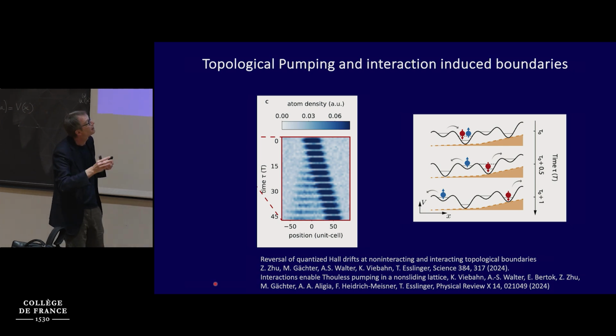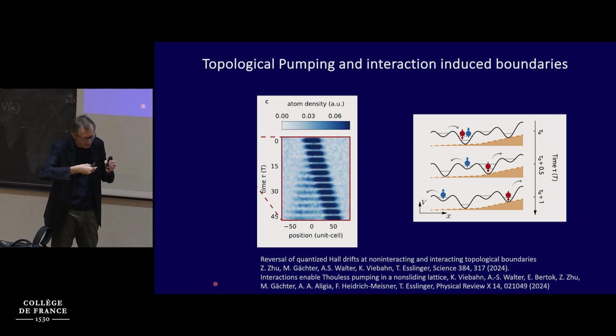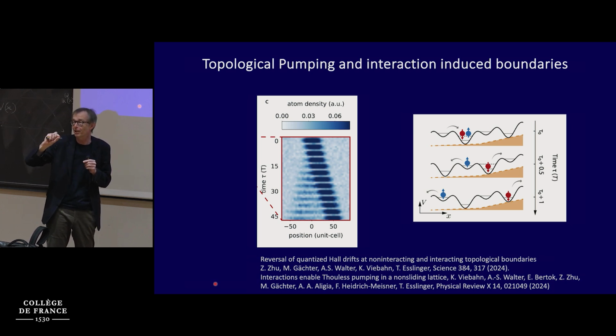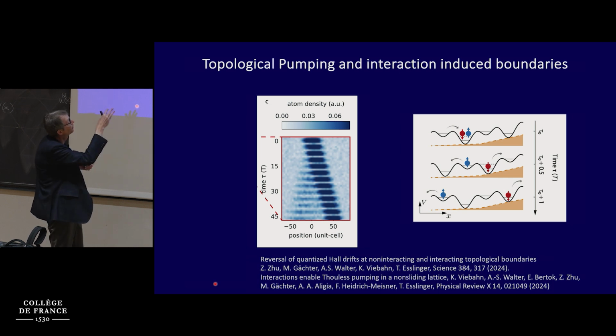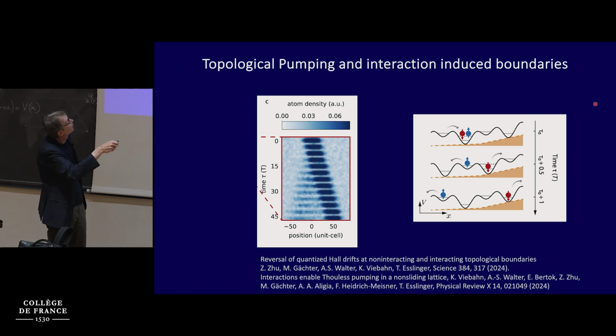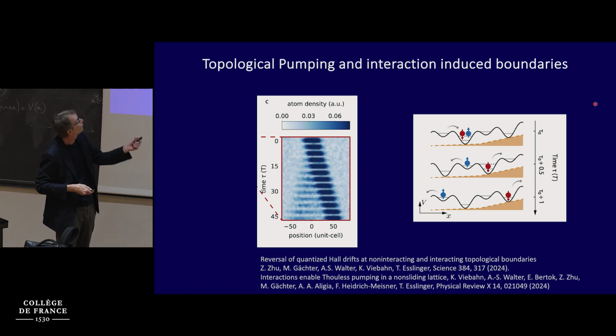And now one can do that for an interacting system. What one sees is that you get a reflection earlier for repulsive interaction, because then the interaction energy can also bridge the gap, and the transition to non-trivial topology happens earlier, and you get a reflection of part of the atoms.